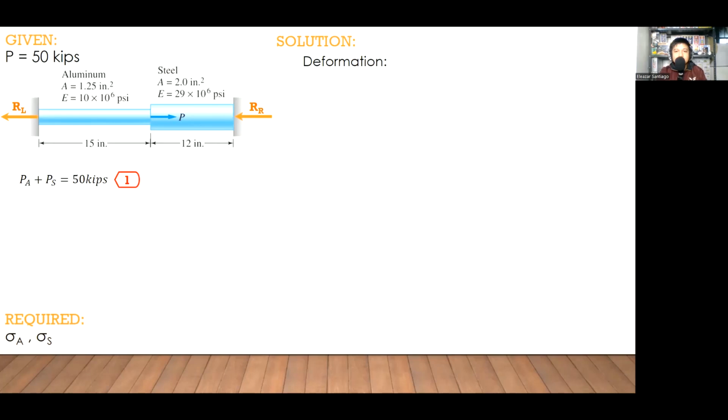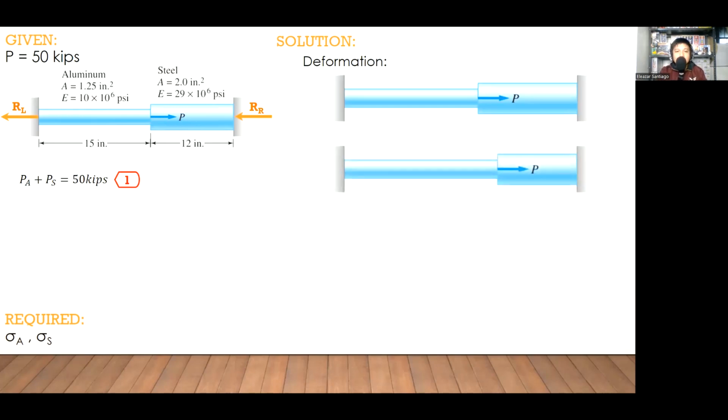Next, let's consider the compatibility, or otherwise the deformation equation or relationship. For the deformation, if we consider the original condition of our material and the application of this P, that is 50 kips, the tendency is for the aluminum to elongate, while the steel will compress, or otherwise shorten.